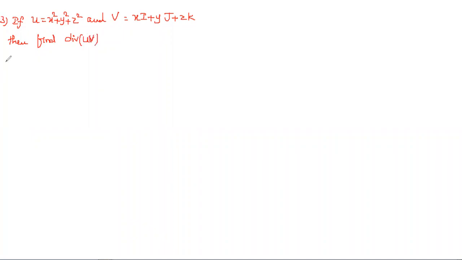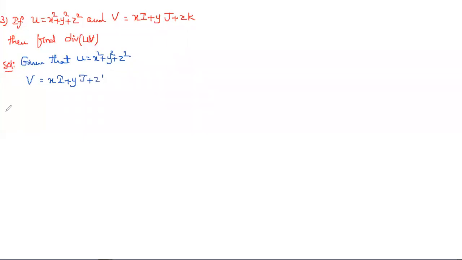Okay, so it's simple. If you remember the concept, then you can easily solve the problem. So here, given that u is equal to x square plus y square plus z square, and v is equal to xi plus yj plus zk.